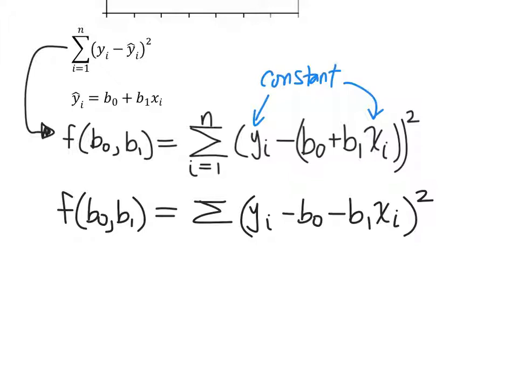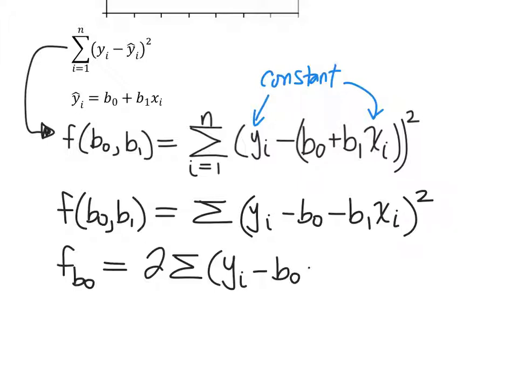All right, so I need a partial with respect to B0. So it's power rule: 2 times the sum of y sub i minus B0 minus B1 x sub i to the first power, times the derivative of the inside. Anything constant goes to 0.